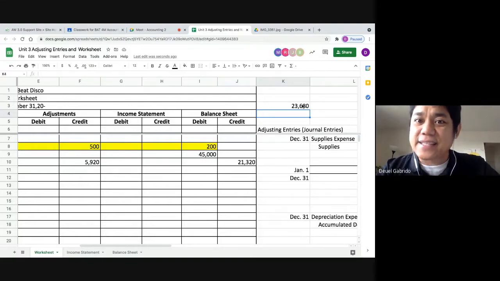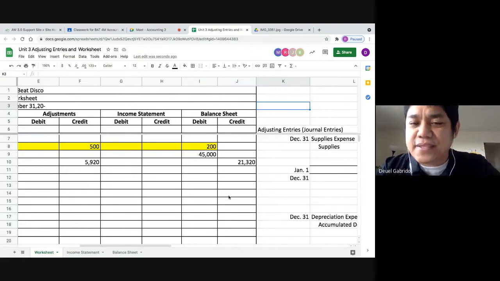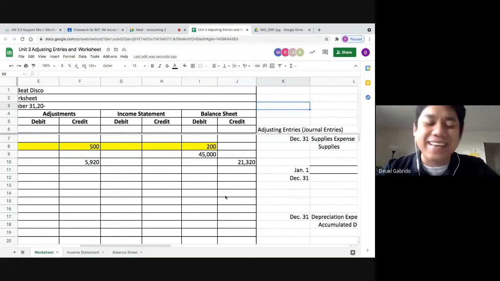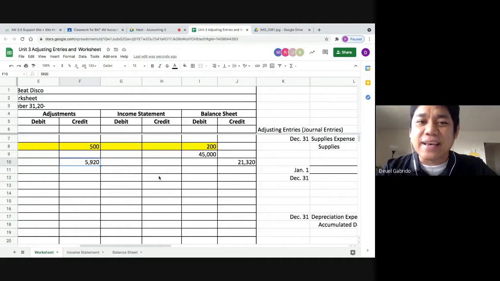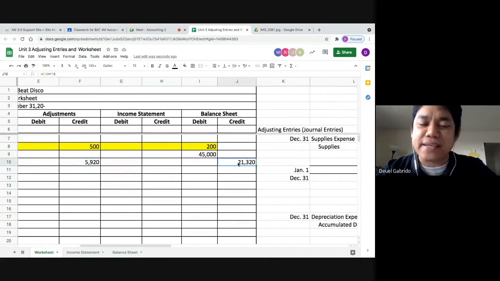This is the correct presentation, because if we do not decrease it by another 5,920, the equipment is not getting older, right? It's getting older, so we need to recognize another 5,920 decrease. Instead of 15,400 decrease only, we add another decrease, so the total decrease is 21,320.